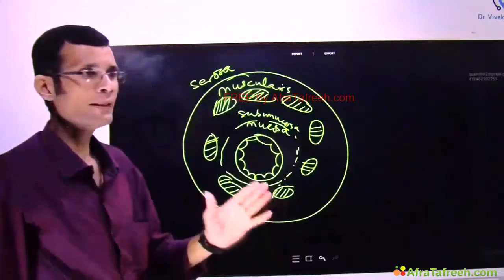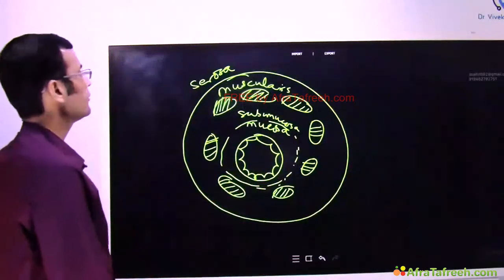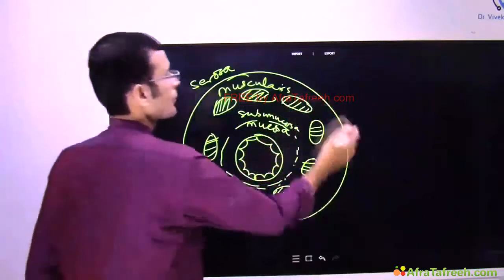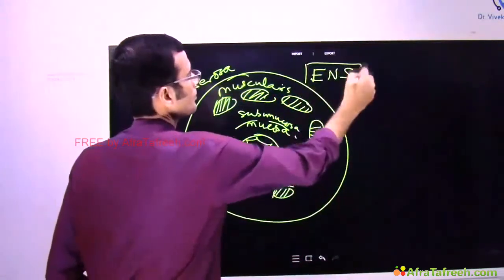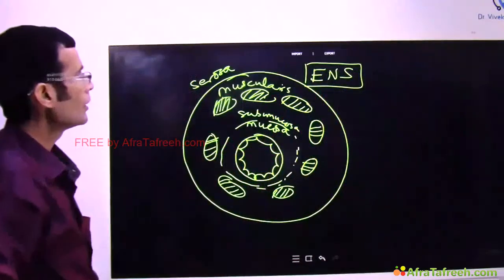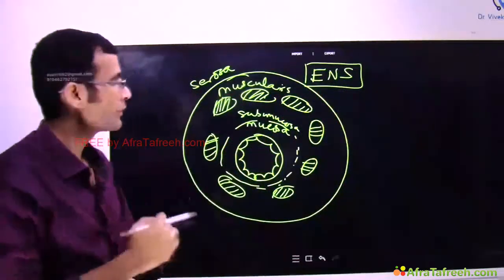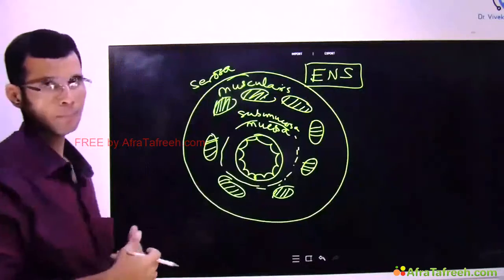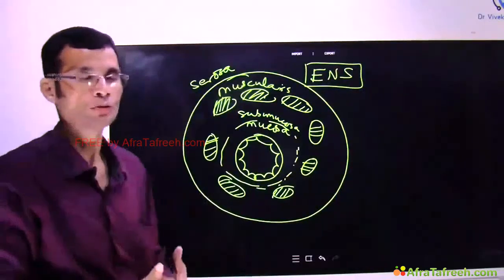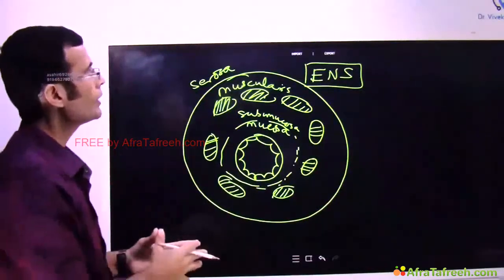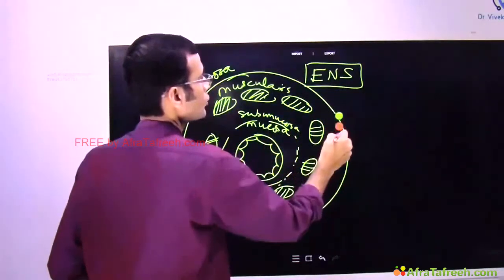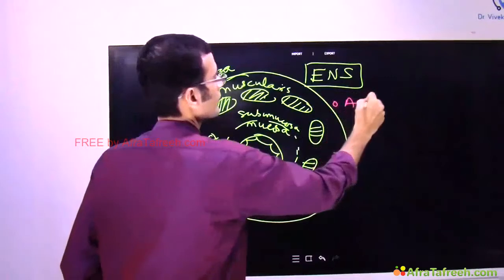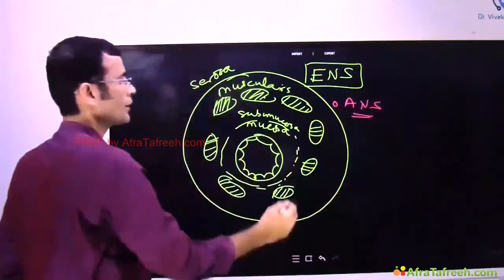Let's see the first aspect, and that is innervation in the digestive tract. There is the enteric nervous system, the ENS. Some aspects of ENS should be known, particularly that the enteric nervous system is considered to be a branch of ANS.